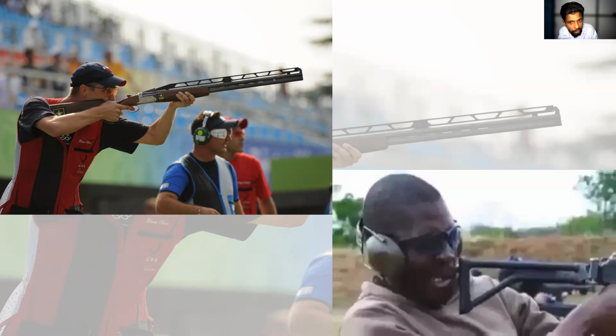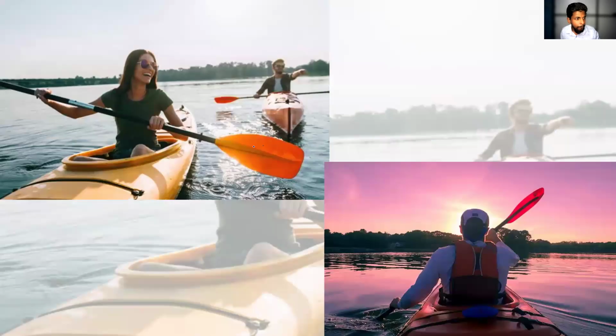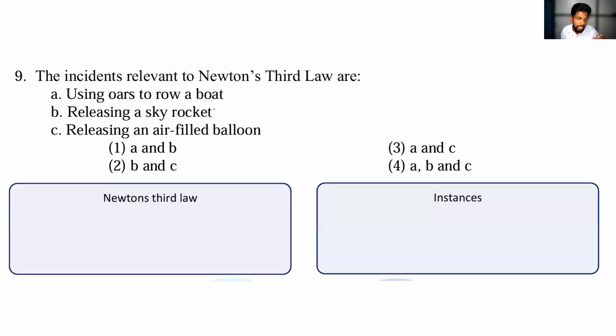The gun will push the bullet. The bullet will push the gun backward. That's why we keep the gun on the shoulder. When you are pushing, the bullet will push the gun back. If you keep that gun near your face, your face will get hurt. Okay, be careful.